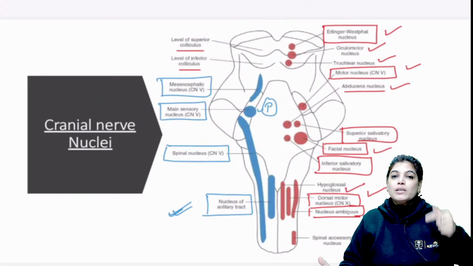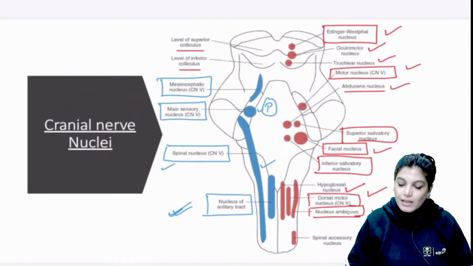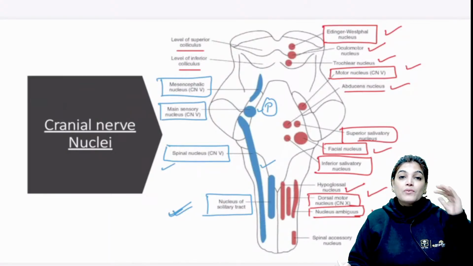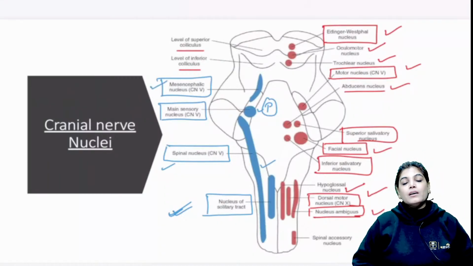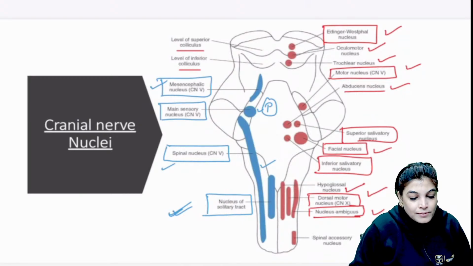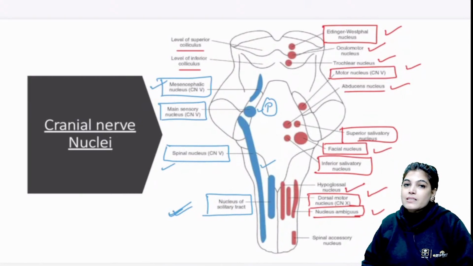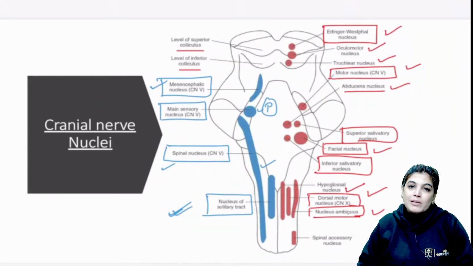There is also an upward extension called the mesencephalic nucleus of trigeminal nerve, located in the midbrain, and it is important for proprioceptive sensation.